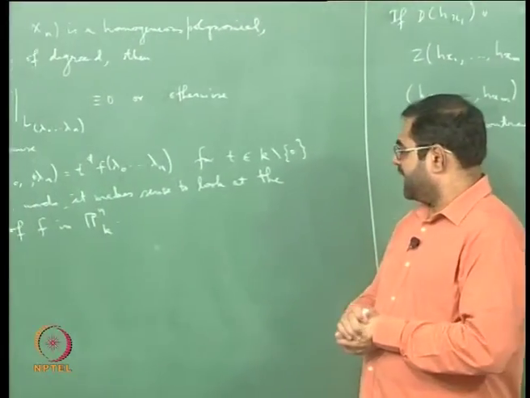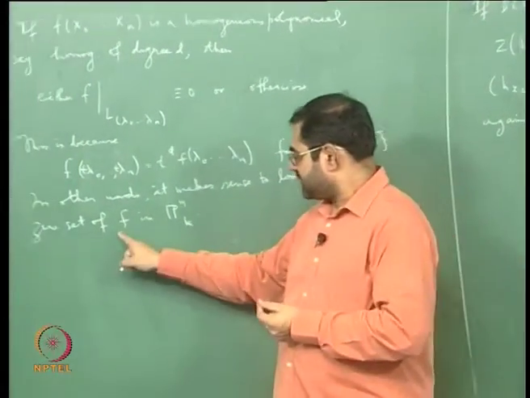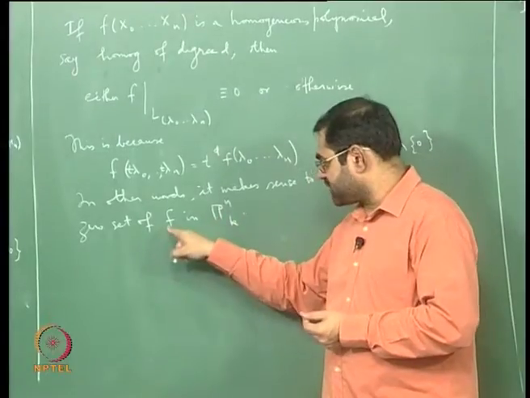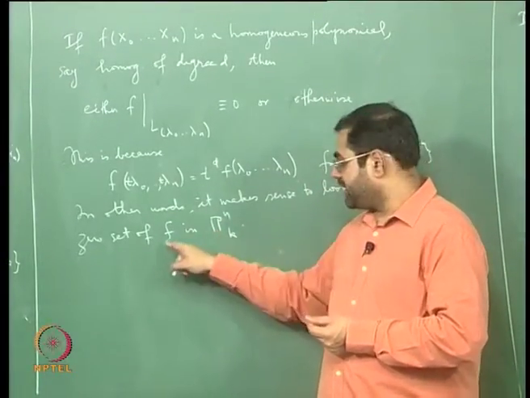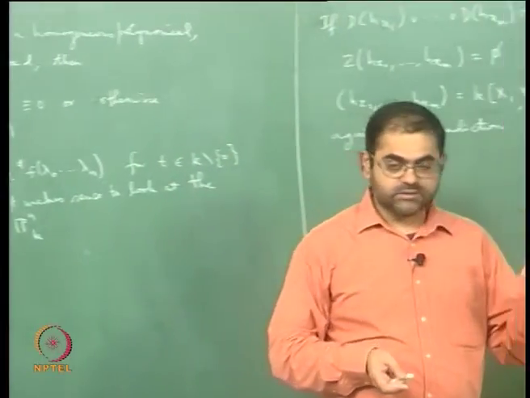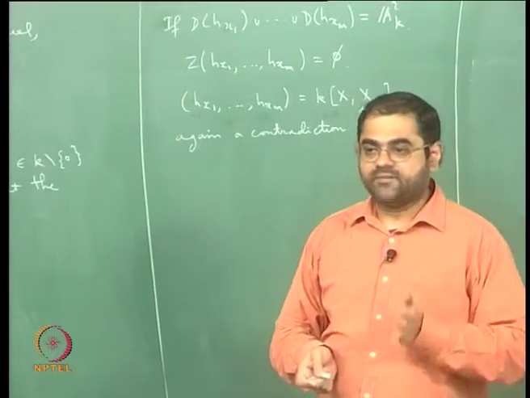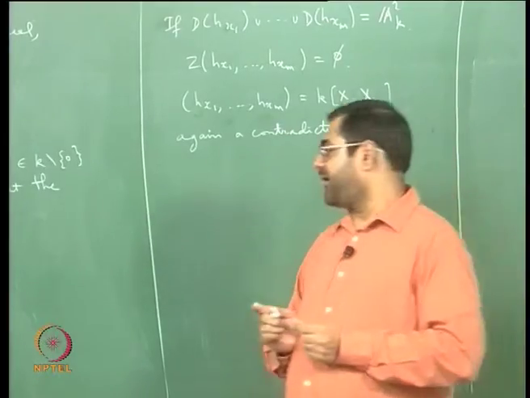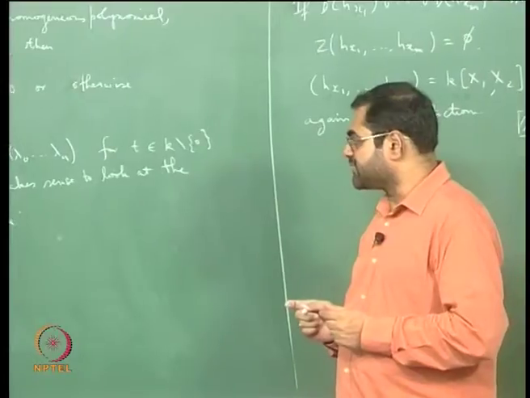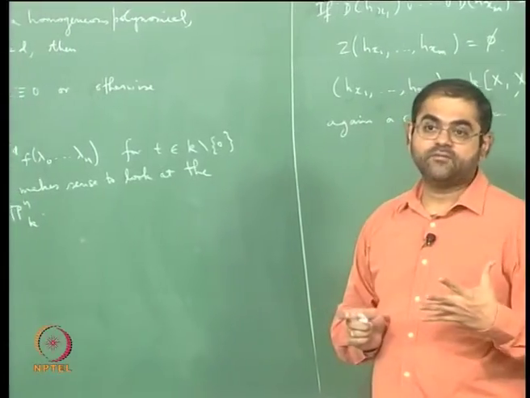So let me repeat, I can make sense of the zero set of a polynomial in projective space, namely it is all those lines on which f vanishes, and I do not have to just do it for one polynomial, I can do it for any collection of polynomials.